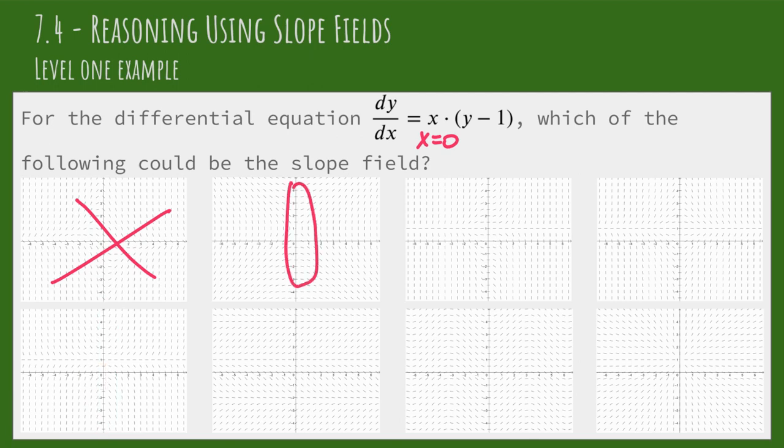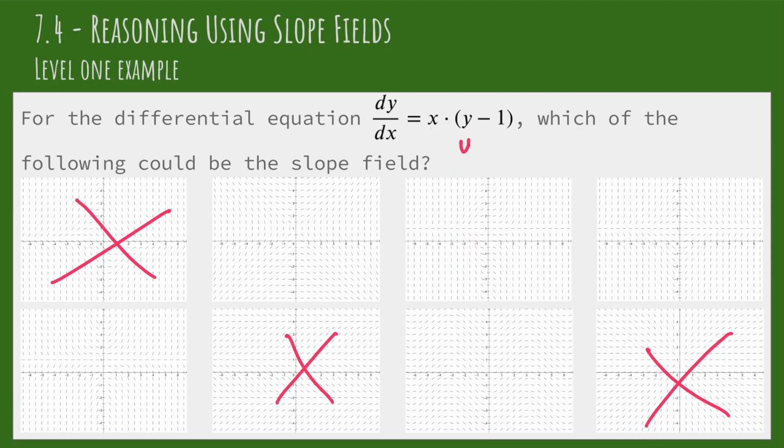We do have zero slopes here, so we can't eliminate that. Some of the slopes here are zero, but most are not, so we can eliminate that one. This one looks okay. This one looks okay. This one looks okay. And this one does not look okay. So knowing that the slope should be zero whenever x is zero, we can eliminate 3 out of the 8 options.